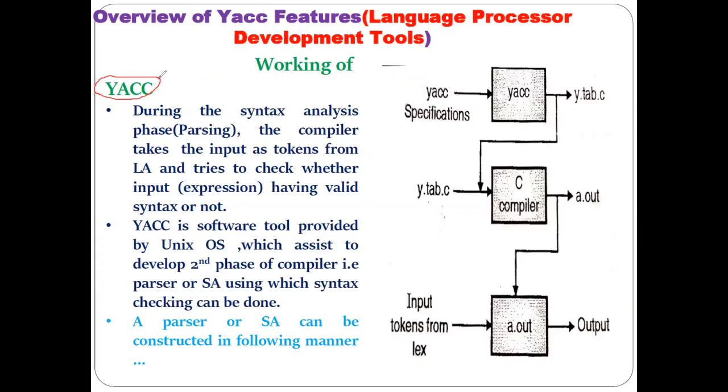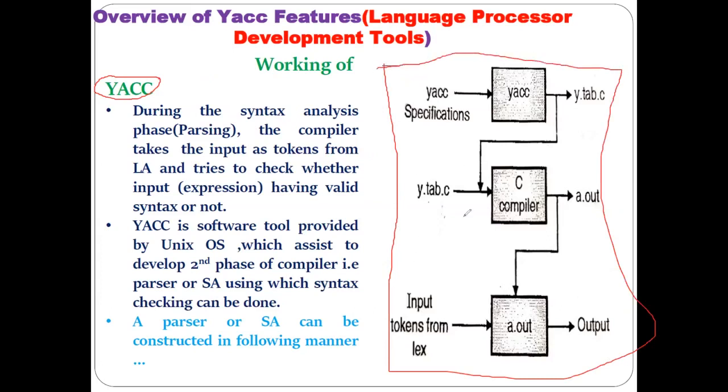Okay. Such a figure we have also discussed in case of the Lex tool. Same scenario is there. Only the specification will change. Input and output will be changed. Understood? So here I have mentioned, during the syntax analysis, we know during this parsing phase, what is the role of the compiler?